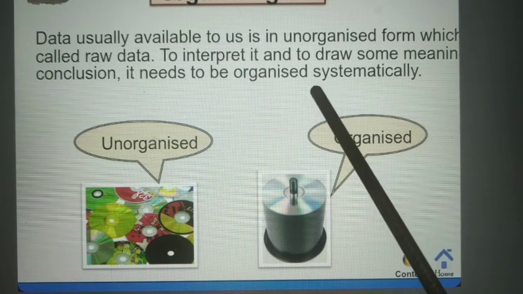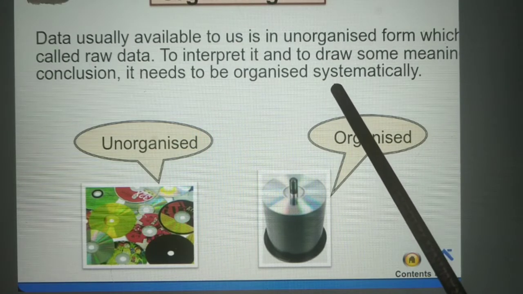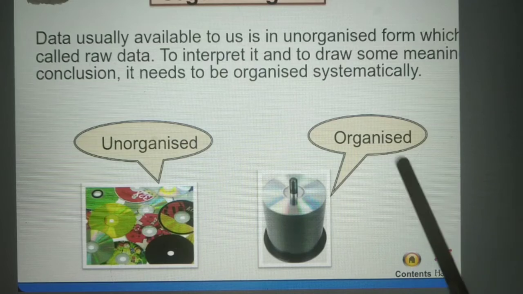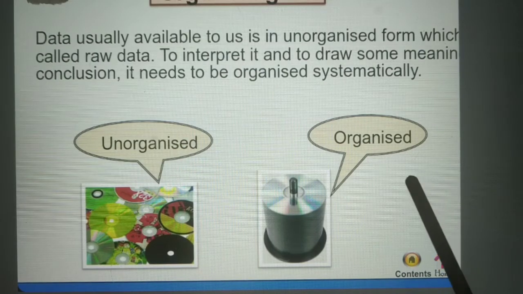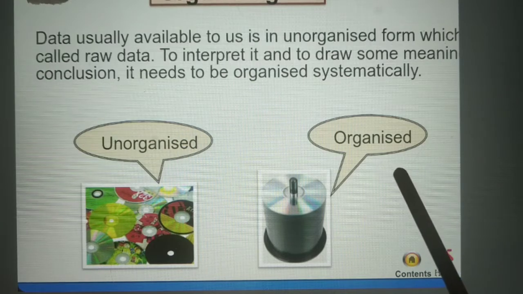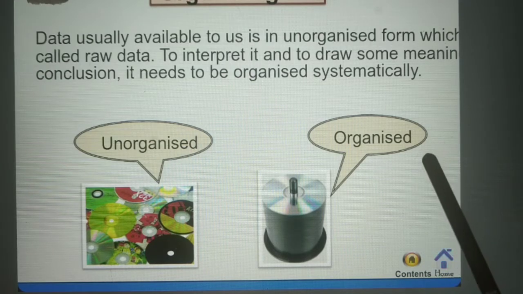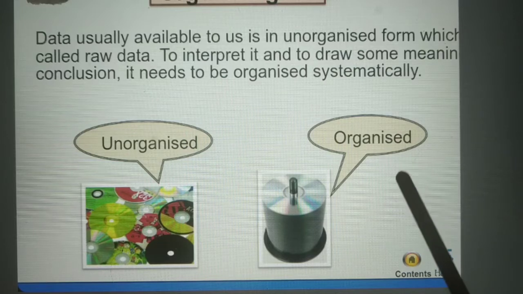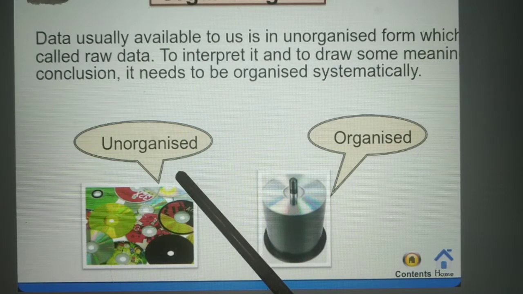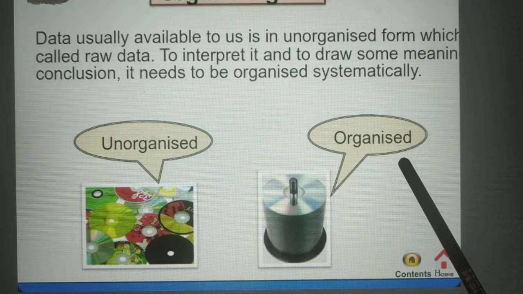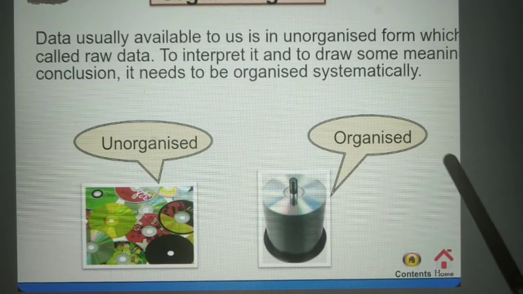It is very important that when we observe the data, we arrange it in a systematic order. Only then can we find the frequencies and ready the data for different kinds of observations. So this is unorganized data and this is properly organized data that gives the shape of some conclusions.